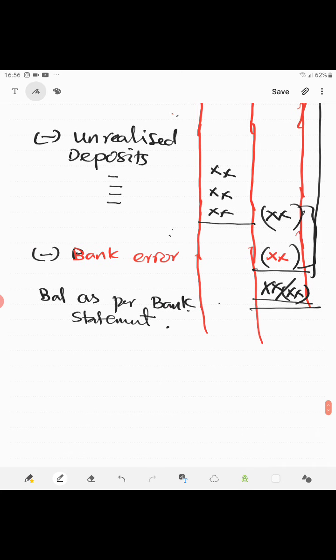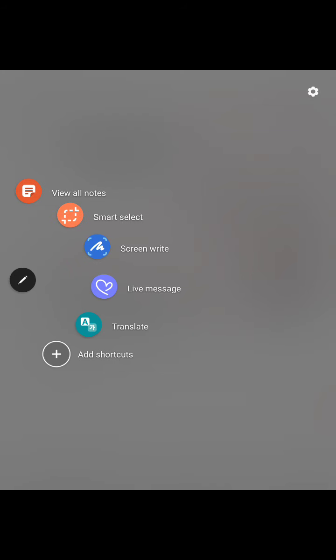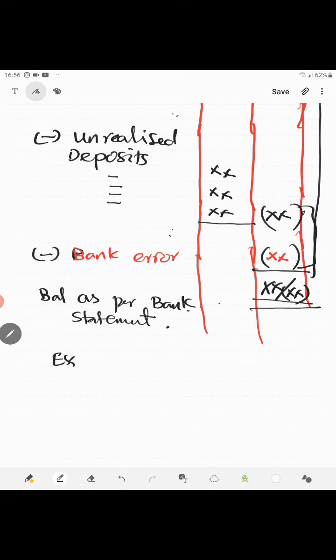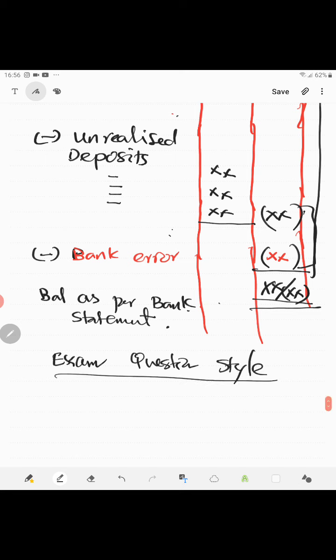Now, exam question style. There are various different styles. First one, the question will provide a paragraph.